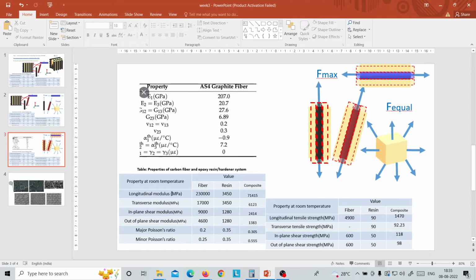You can't actually come to a common conclusion. These properties will vary with the grade of carbon fiber and the manufacturer of that carbon fiber or graphite fiber.